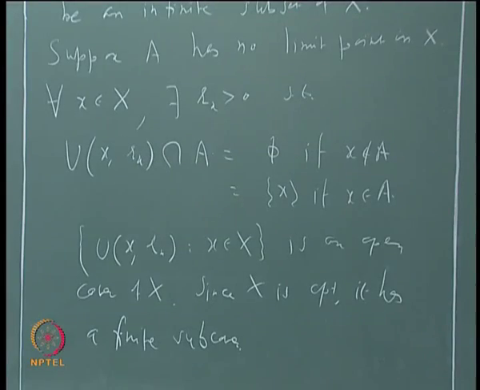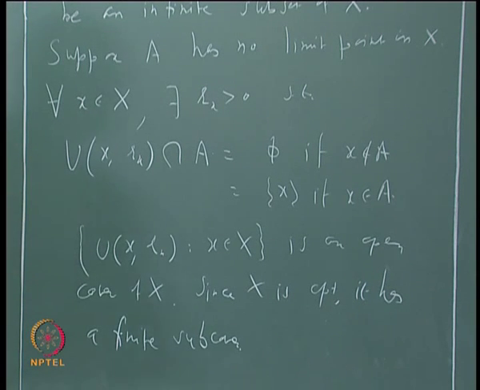Okay, I will remove this part. Okay. Now what does this mean? This finite subcover means there should exist some n points, let us say x1, x2, ..., xn, such that X is contained in the union of those n balls.